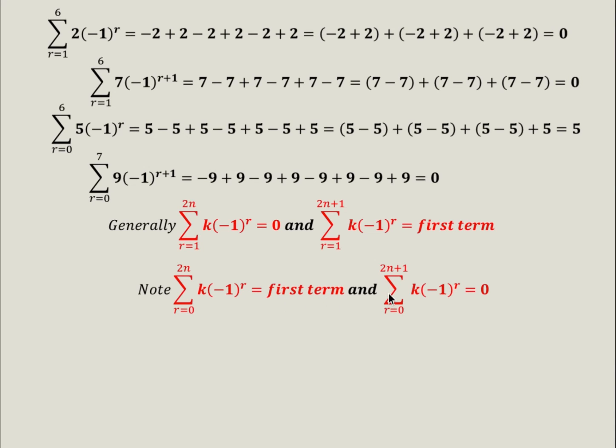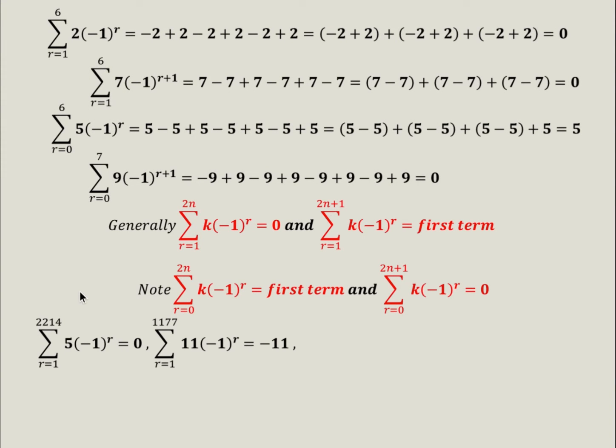When you have summation from r equals 0 to an odd number at the upper limit, you would have to deal with an even number of terms, because the number of terms would be 2n plus 1 minus 0 plus 1, which would instead give an even number of terms, and in such a case the terms would cancel out to give a sum of 0.